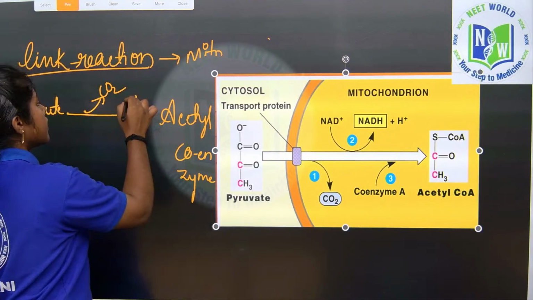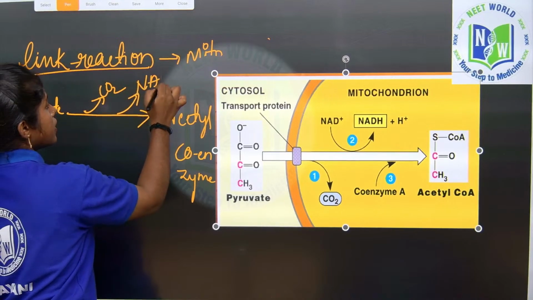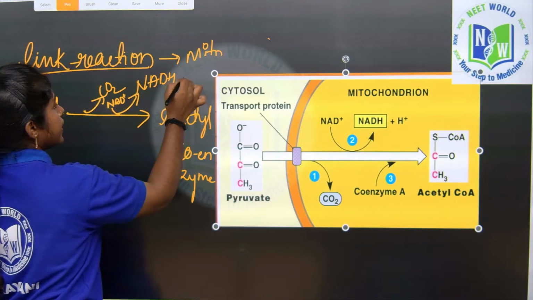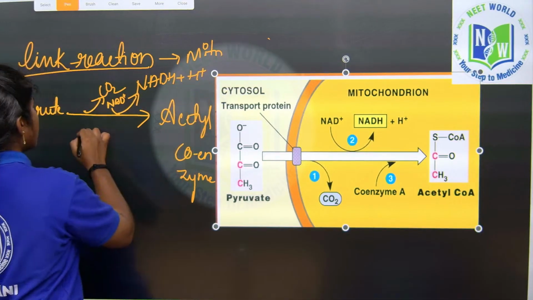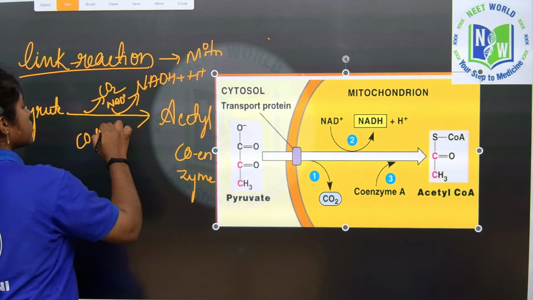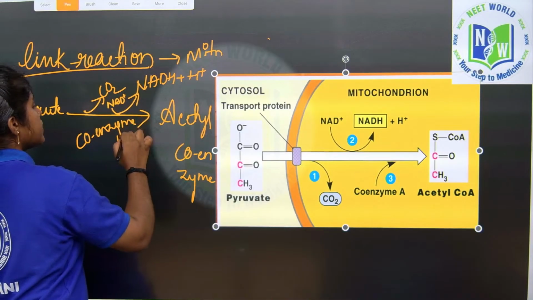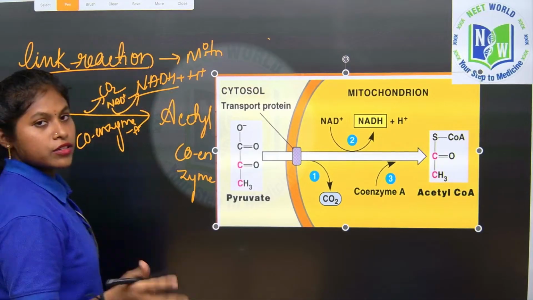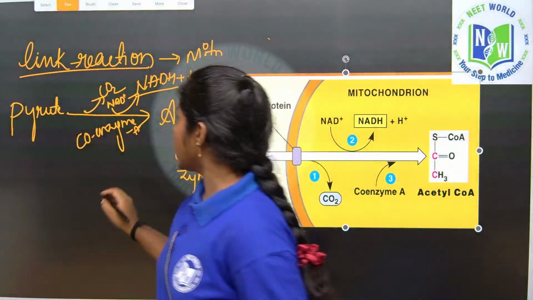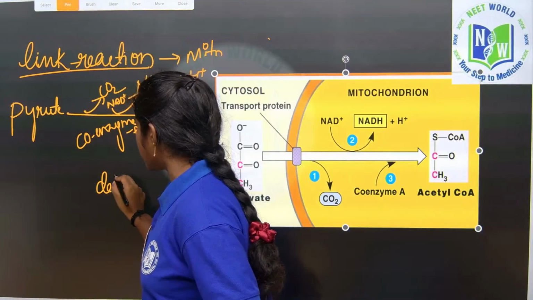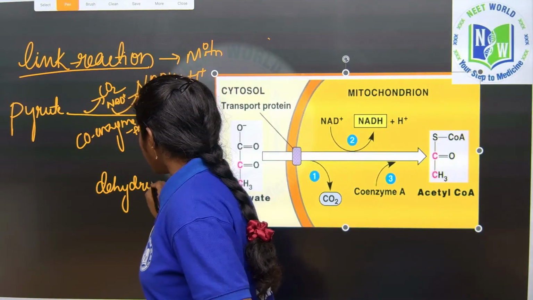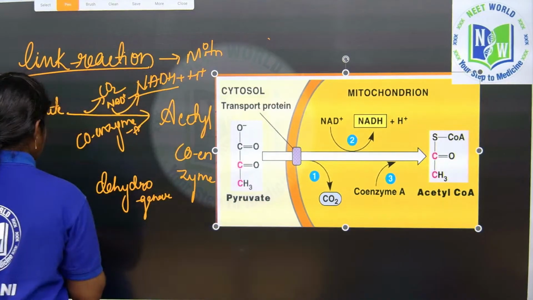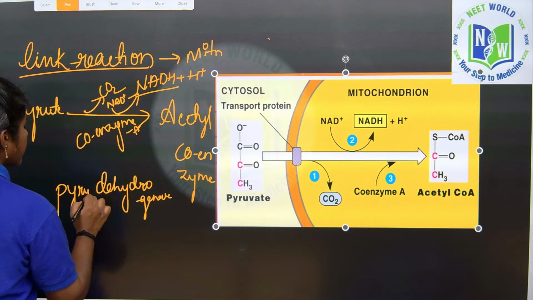So here NAD plus is reduced to NADH plus H plus. And a condensation process is also happening, that is why coenzyme A is adding to it. Whenever a reducing equivalent is forming, the enzyme dehydrogenase comes into the picture, right? As it is acting on pyruvate, we call this enzyme pyruvate dehydrogenase.